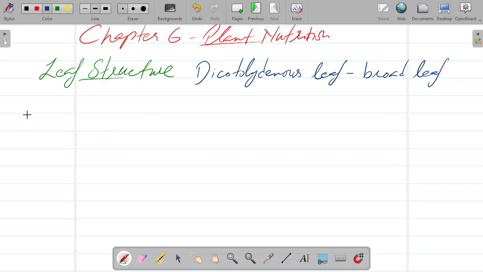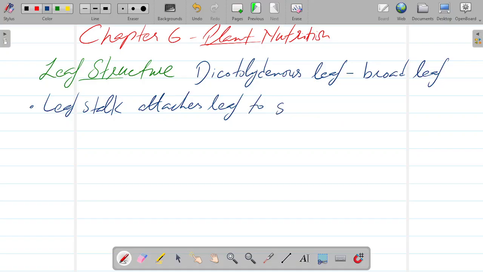Now, whatever leaf it may be, right? It has a stalk that joins it to the stem of the plant. So there's a leaf stalk that attaches the leaf to the stem of the plant.